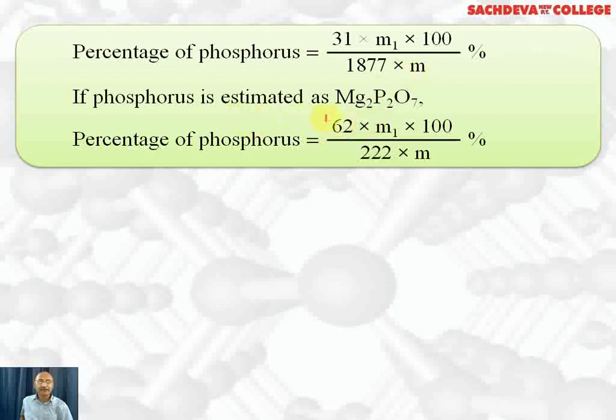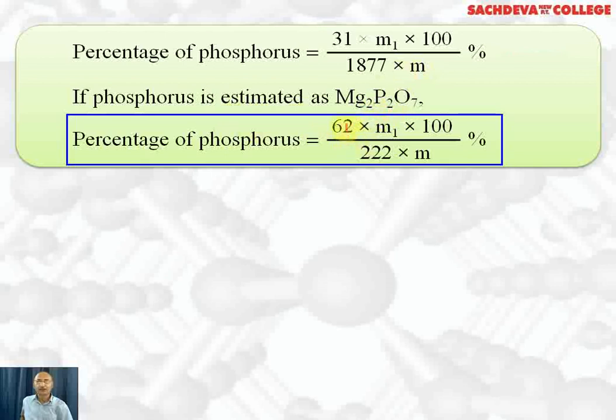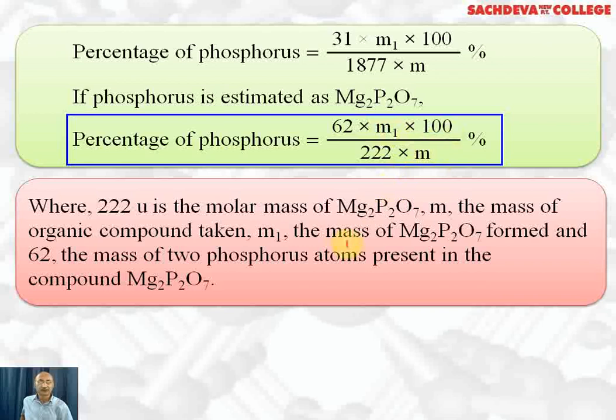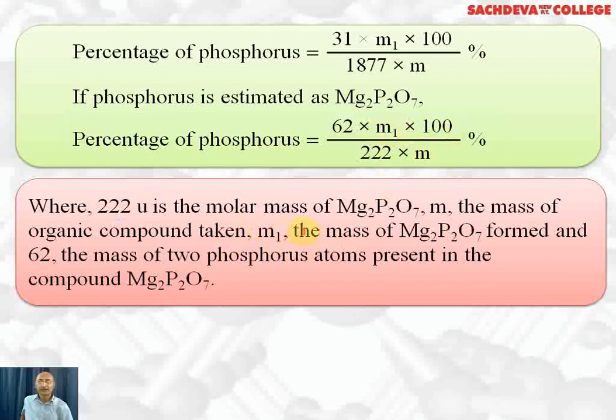If we estimate phosphorus as magnesium pyrophosphate, there are two phosphorus, so we write 62, divided by 222, which is the molecular weight of magnesium pyrophosphate, into m1, the weight of magnesium pyrophosphate formed, into 100 divided by the weight of organic compound, which will give us the percentage of phosphorus. 222 is the molar mass of magnesium pyrophosphate, m1 is the mass of magnesium pyrophosphate formed, and 62 is the total mass of phosphorus which we have put in this formula to get the percentage of phosphorus.